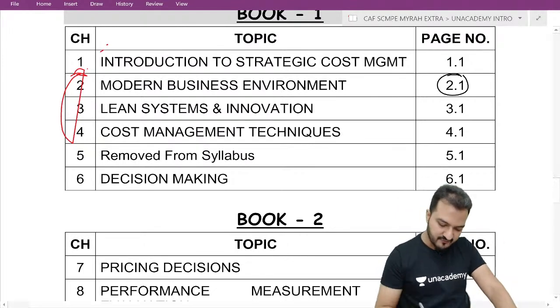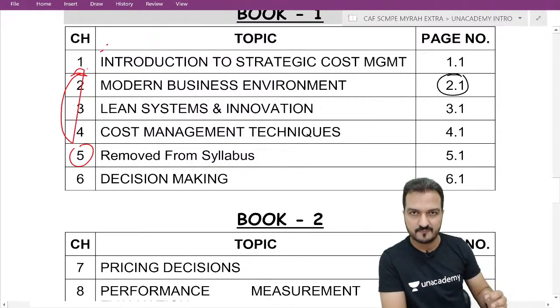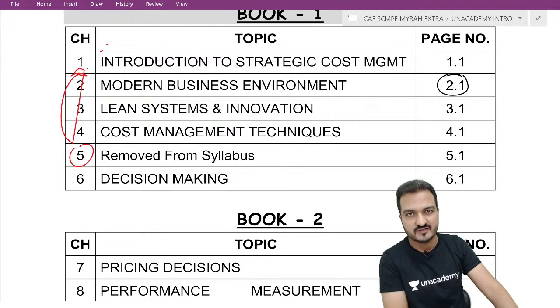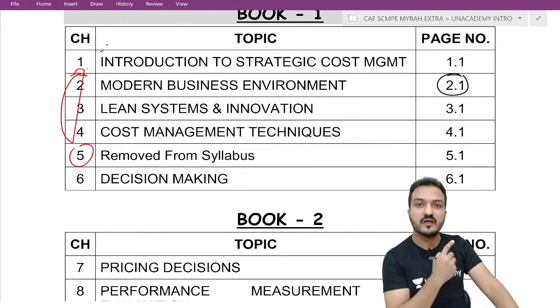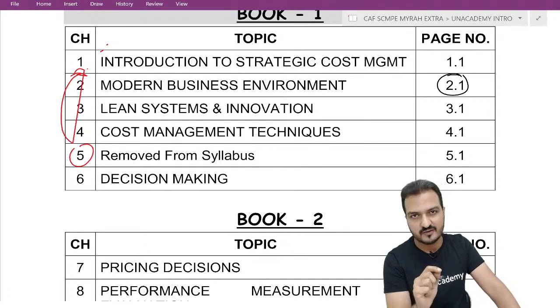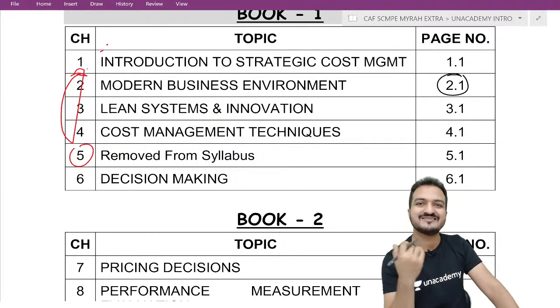Chapter 5 was a chapter which is just recently removed from the syllabus. Yes, just recently, last week, ICAI made an announcement that chapter 5 is removed from the syllabus. I'm not removing it in my index page because that chapter is still existing in the ICAI study material, but it is removed from the syllabus, so I'm just showing it as removed.